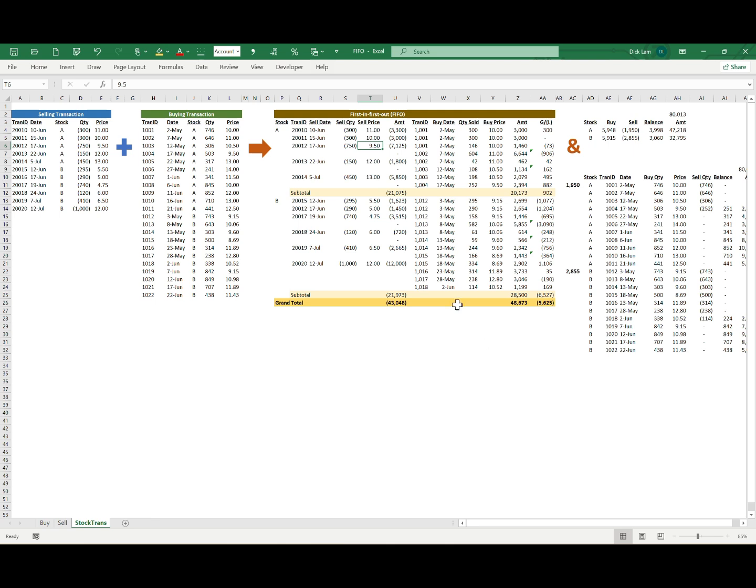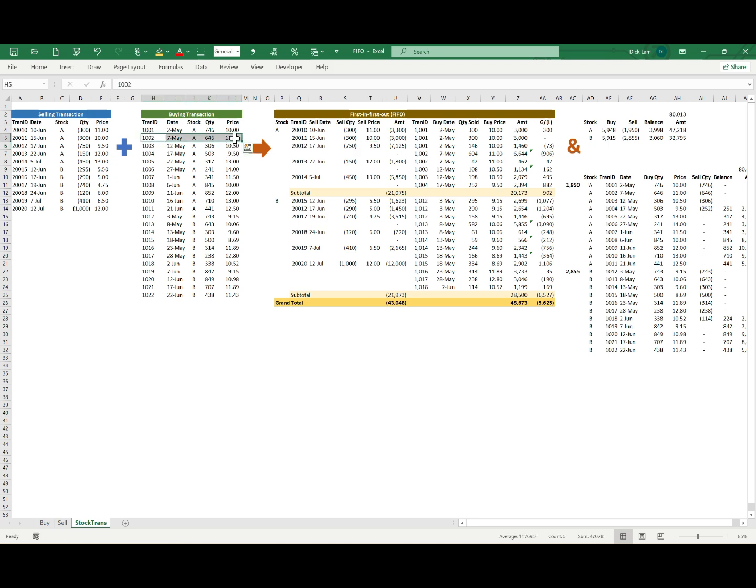You see that on the May 2nd buy-in transaction, we have 746 shares, of which we consumed 600 in the previous two transactions, and we have 146 shares left for this batch. And it is not sufficient to cover the sales quantity, 750. And then for the remaining 604 shares, we need to trace which buy-in transaction can cover. This is the second one, which we purchased 646 on May 7, and the transaction ID is 1002.